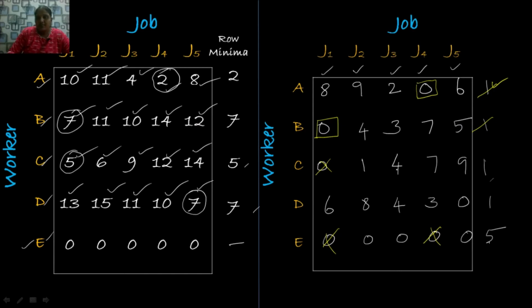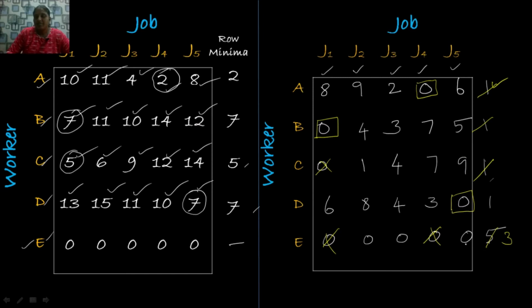Next, I am going to give my next assignment. So, the third row doesn't have any 0 elements now. The fourth row has only one 0. And the last row has 3 zeros. So, I am going to give my first preference to the fourth row since it has only one 0 element. So, I make an assignment at this position.